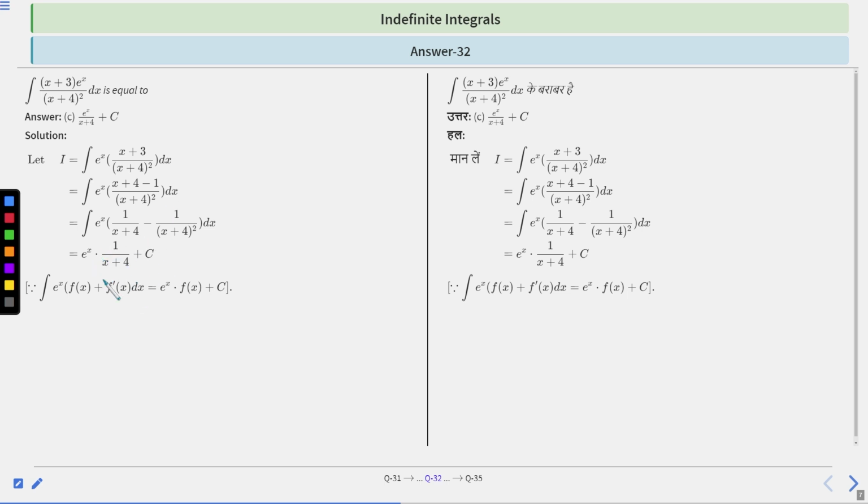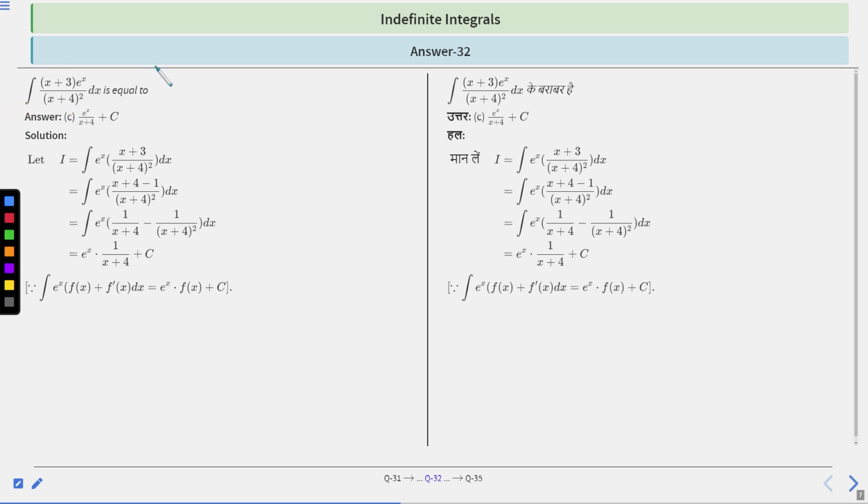Got it? The main concept we have applied in this question is this formula. So in this way, you can approach different types of questions to convert them into the form of e to the power x into f(x) plus f dash x. As we have discussed, the answer should be such that the denominator will be of the form x plus 4, because after differentiating this, you will get x plus 4 whole square as the denominator in the question part.